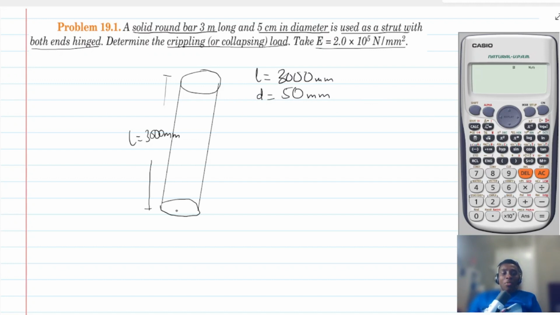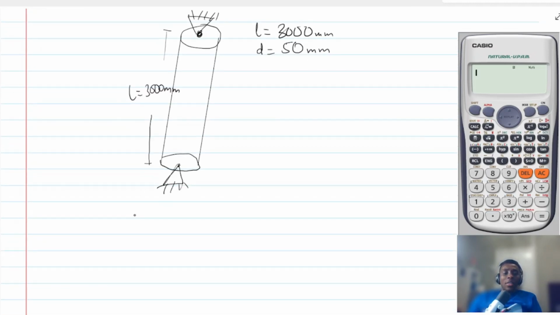Because it says both ends are hinged, there is a hinge at both ends. Now with both ends hinged, what's the formula for the Euler crippling load? Without wasting much time, let's quote the formula.